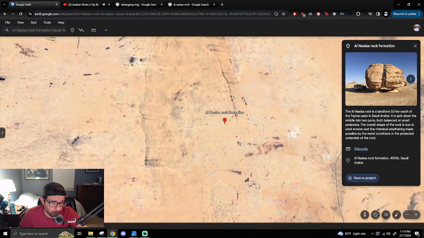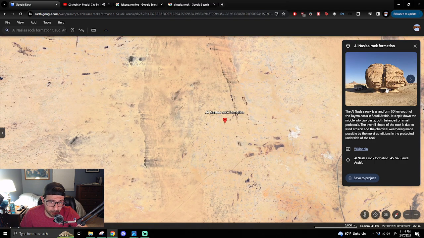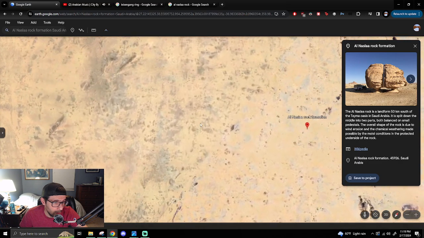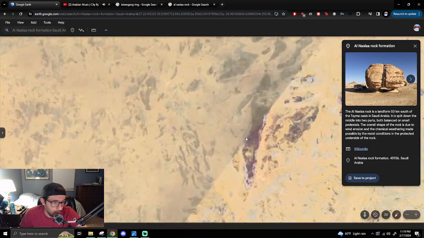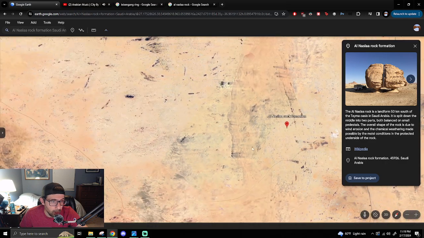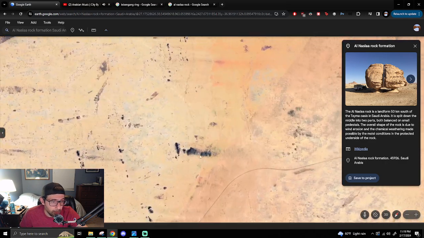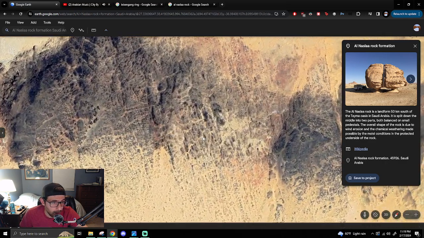But not directly in its path, so it wasn't completely destroyed, but it's generally in its path enough that it was influenced. Could it be?